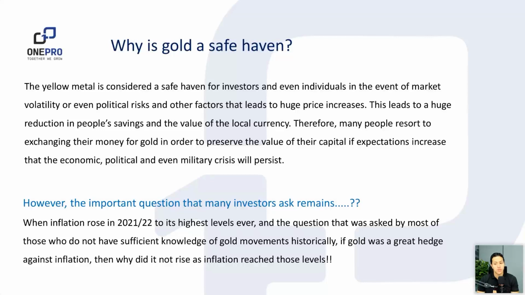By having a look at the price history of gold, and we will see this on the chart in a moment, you will definitely spot that during any crisis in the global economic cycle, any geopolitical tensions, any wars between countries, for example Russia and Ukraine, or any health crisis, just as what happened with COVID-19 in 2019 and 2020, during those periods you will have an upward surge in gold prices.